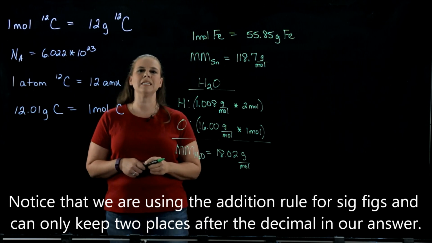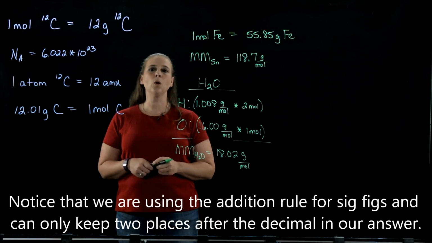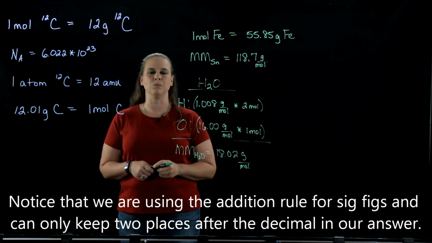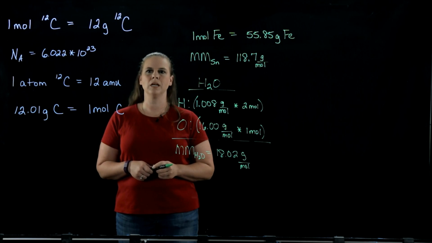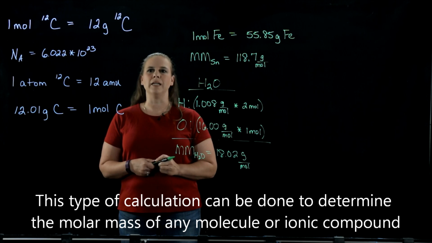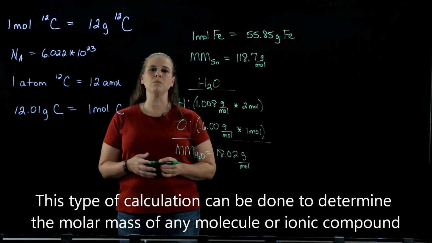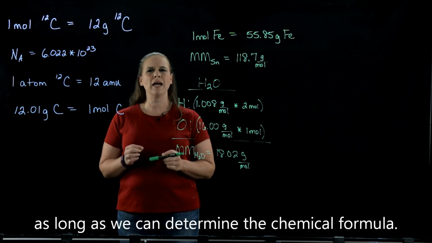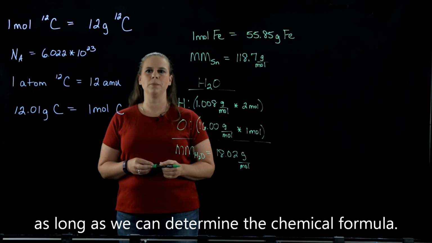Notice that we are using the addition rule for sig figs and can only keep 2 places after the decimal in our answer. This type of calculation can be done to determine the molar mass of any molecule or ionic compound as long as we can determine the chemical formula.